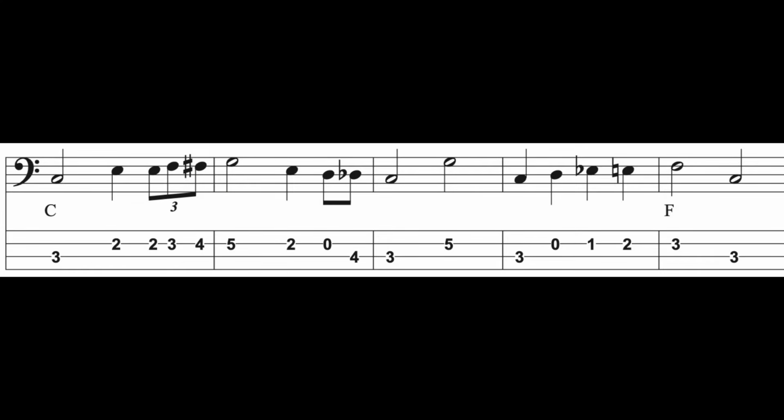Here I transitioned from the chord note number 3, which is E in C major chord, to the note number 5, which is G. Then from the note number 3 to the note number 1, which is the root tone C, and then from that C, number 1, the root tone, to the next root tone, which is F.